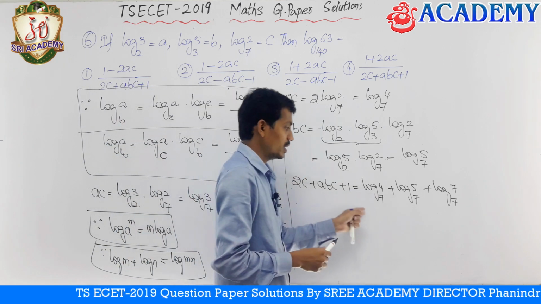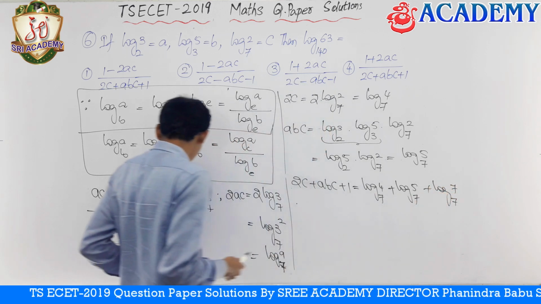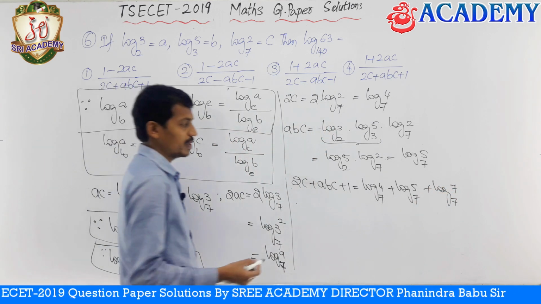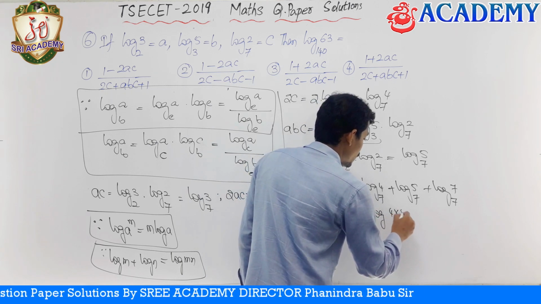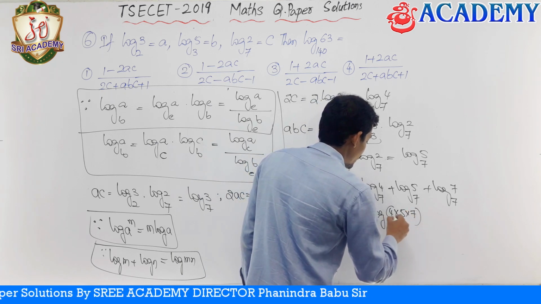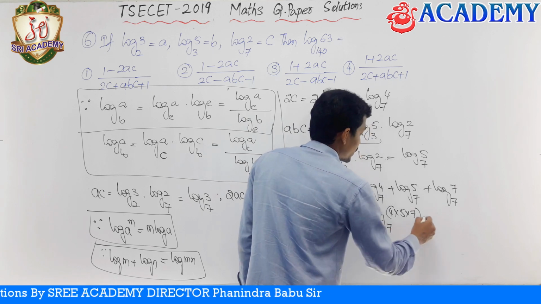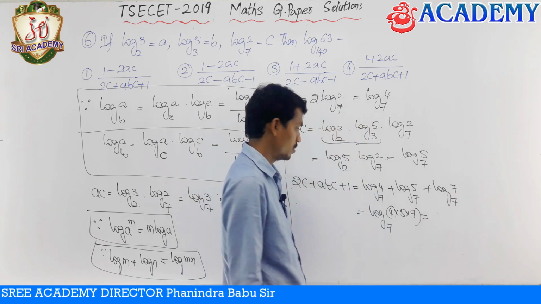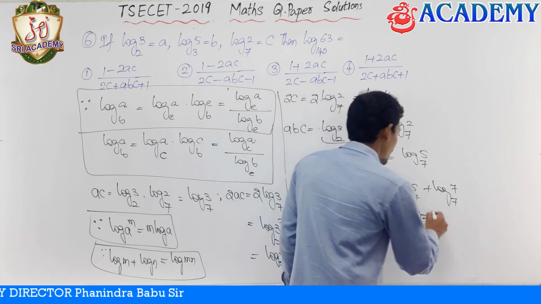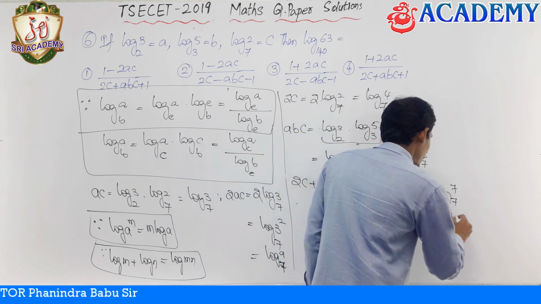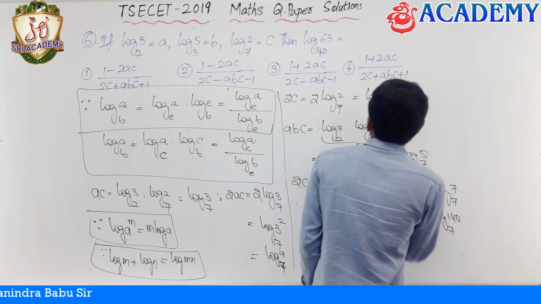Here the base is going to be 7. In summation, we can write multiplication, that is log 4 into 5 into 7 base 7. That is going to be what? 4 5s are 20, 20 7s are 140. Log 140 base 7. Here you got 140.